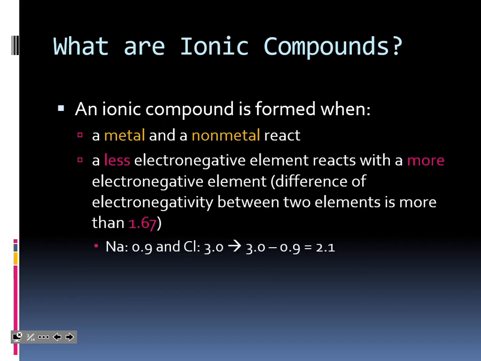Okay, for example here, and you can write that in the space there, sodium at 0.9 and chlorine at 3.0, if you subtract them, the difference is going to end up being 2.1. 2.1 is a greater value than 1.67, and therefore this falls into the ionic part of the spectrum and indicates a full transfer of the electron as well, whereas there is the ones where it's more polar versus a full transfer of electron.